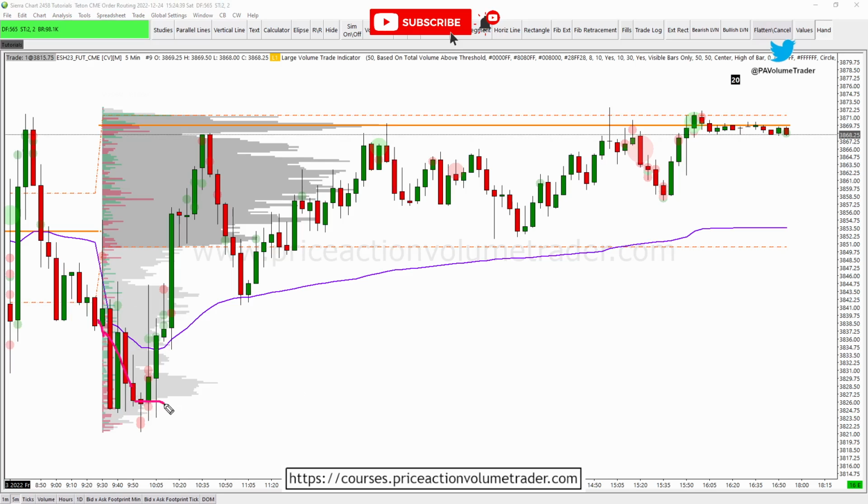We come down and look right here around the bottom of this wick, we have 3 large trades came through above 50 contracts to aggressively sell right near the bottom of this wick and at the high here. And once we have this candle and this breaks out over here, all these traders have already been stopped out or are going to be forced to close. And then you can see we have a nice reversal here.